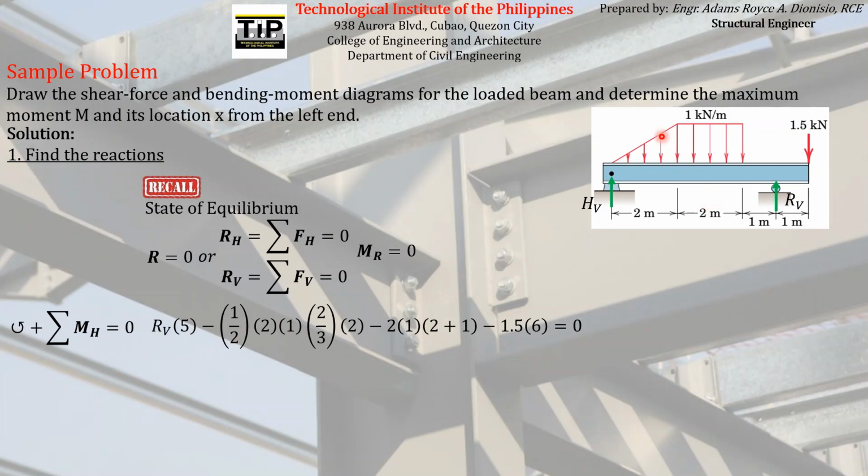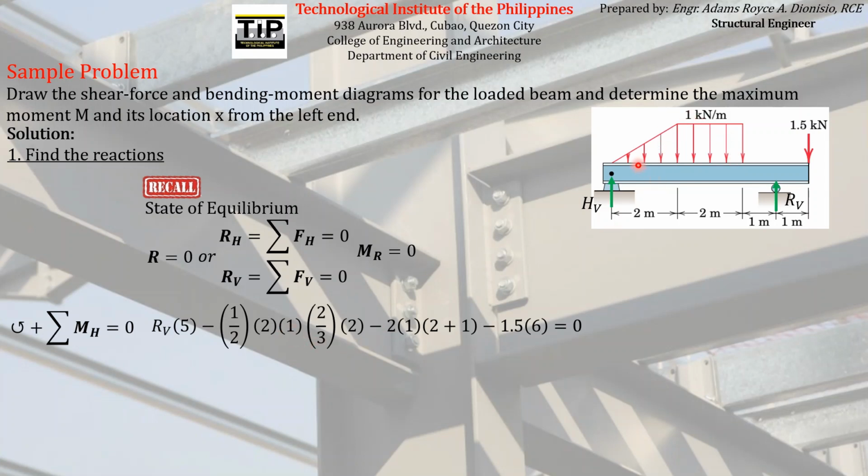Next, we will take the moment of this triangular load with respect to this left end. So the area of this triangular load corresponds to its resultant. The area of a triangle is just equal to 1/2 base times its height.